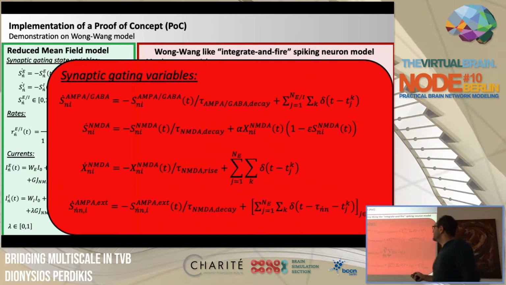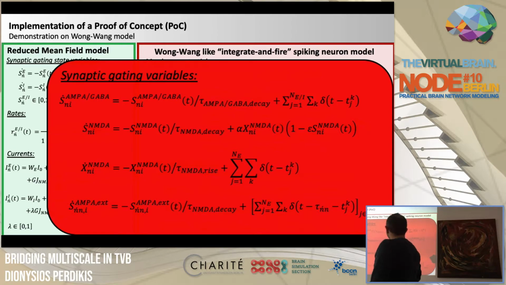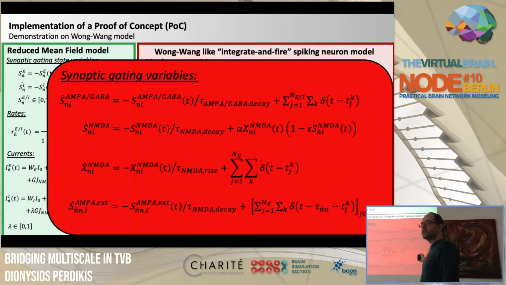As for the synaptic gating variables, AMPA and GABA have linear differential equations, so they receive spikes, modeled here as delta functions that at specific time points are 1, at any other point they are 0. So this is how a spike looks, right? And they are just driving this linear differential equation.